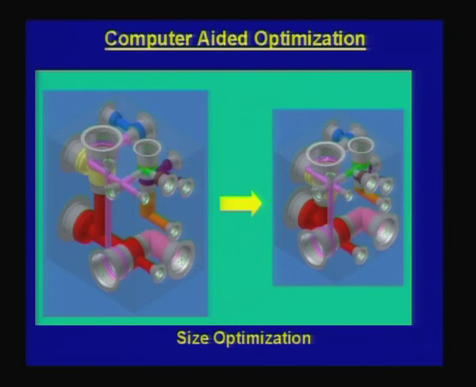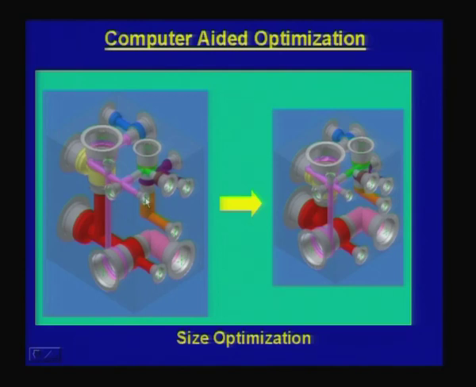Here is another example of optimization in design. What you are seeing on the left is a hydraulic manifold. As you see, this hydraulic manifold has a rectangular cross section, and a number of cavities which are interconnected.